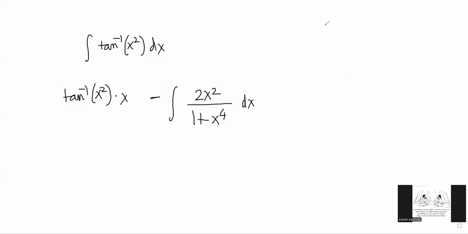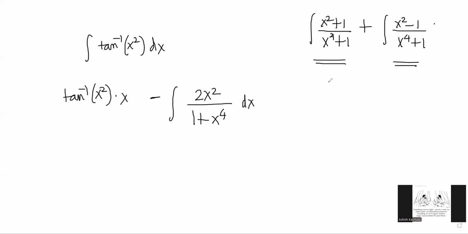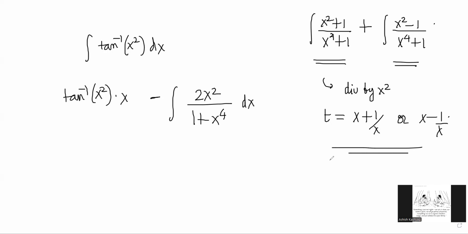And this integral we did by splitting it as x square plus 1 by x power 4 plus 1 plus x square minus 1 by x power 4 plus 1. In both these integrals, the idea is simple. Divide by x square and take substitution t is equal to x plus 1 by x or x minus 1 by x. And then you will end up getting standard forms, right?